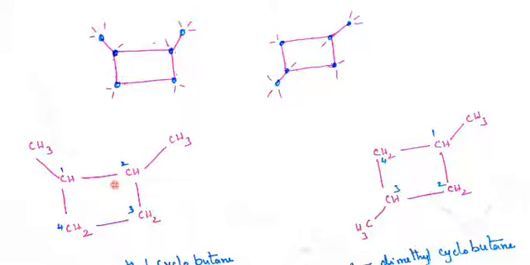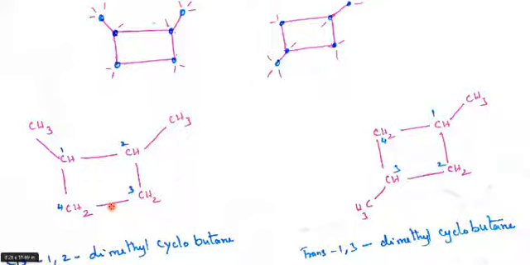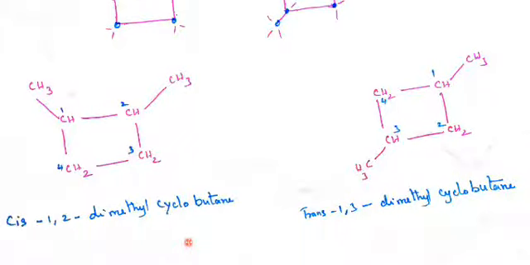It is a closed chain of 4 carbons, called cyclobutane. The CH3 and CH3 are on the same side, so it is cis; if on opposite sides, it is trans. So it is called cis-1,2-dimethylcyclobutane.